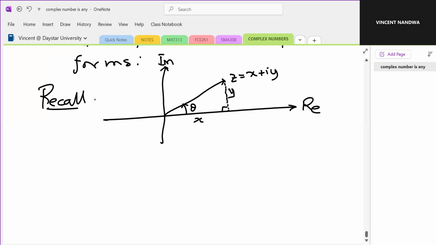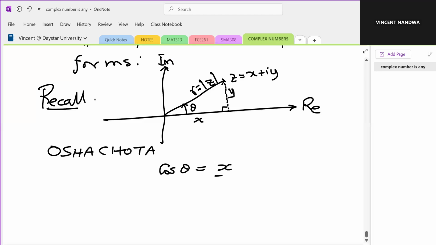So that we can say the cos theta, cosine of this angle is adjacent over hypotenuse, so adjacent is x. Now call this r, which is usually the same as the absolute value of z.